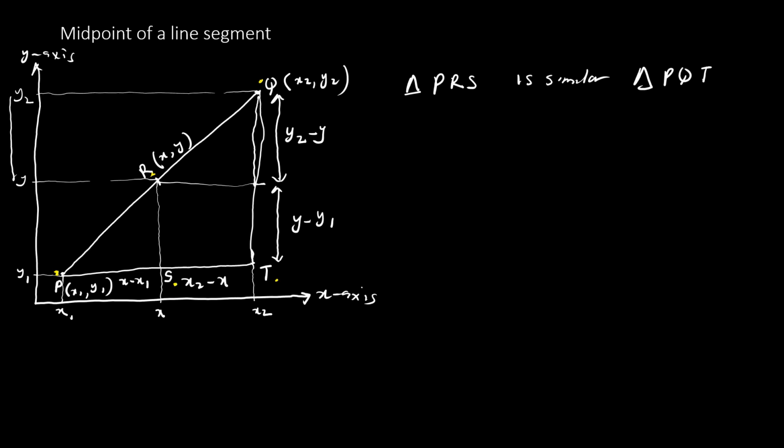You can check more on similar triangles and how to approach them. Now, since they are similar, we have PR over RQ equals PS over ST. Check again, this is PR, this is RQ, and PS, the horizontal part, and ST. Also, since R is the midpoint of P and Q, PR is the same as RQ.